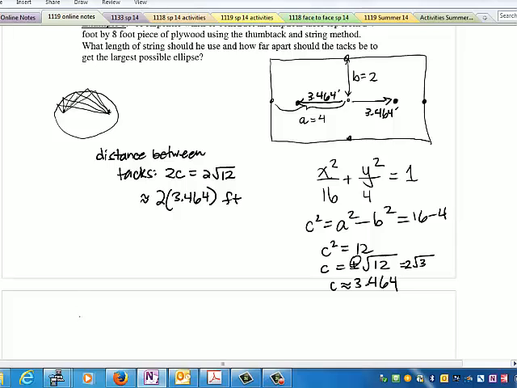And then the length of the string, you can picture when you're on that major axis.